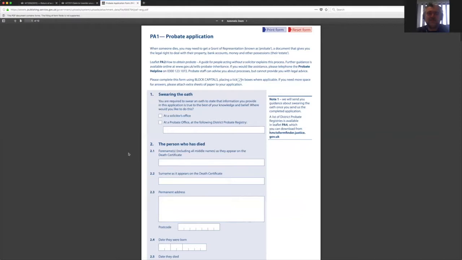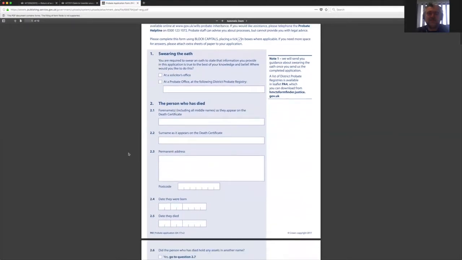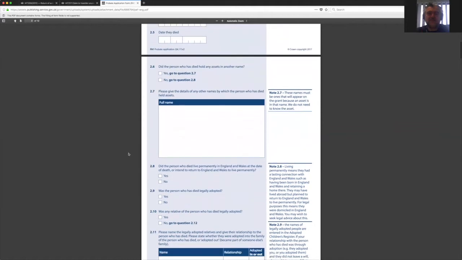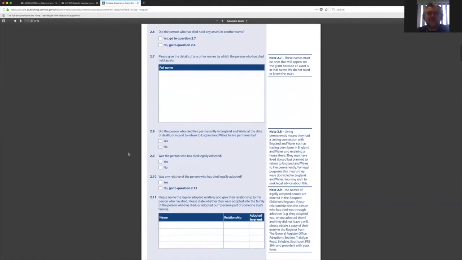Question 2, questions 2.1 to 2.5, this asks for information about the person who's died, and you will be able to get this information from the death certificate. Questions 2.6 to 2.11. In particular, please note question 2.8, which asks whether the deceased was based abroad.